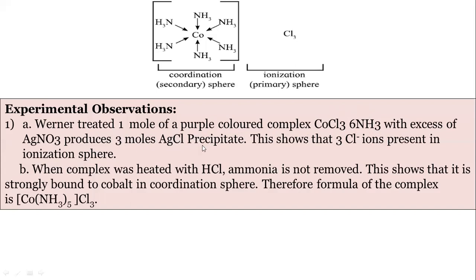With these 3 moles of AgCl, we can easily identify that there are 3 chlorines outside the square bracket.